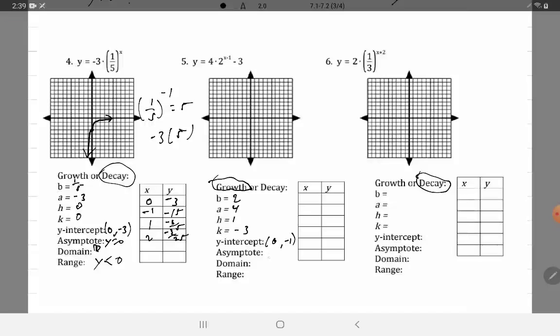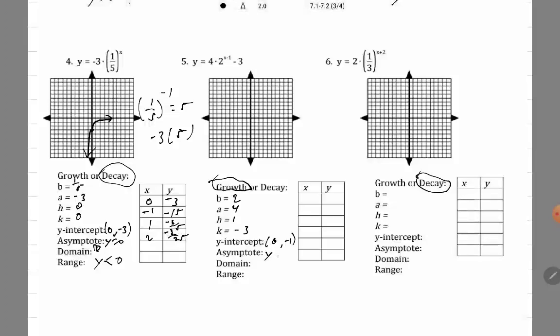My asymptote, now that always works. That's y equals negative 3. Our domain is all real numbers. Our range is everything bigger than negative 3. Okay.